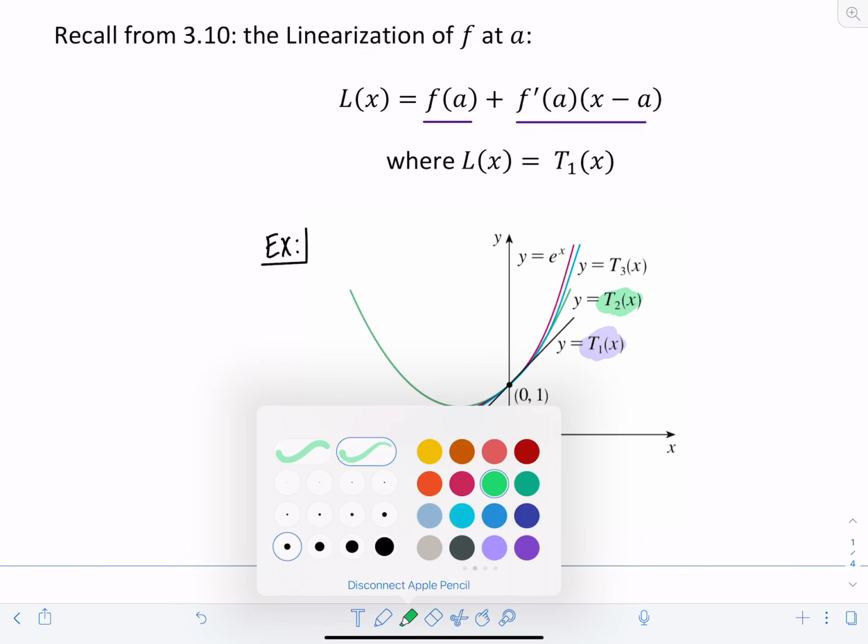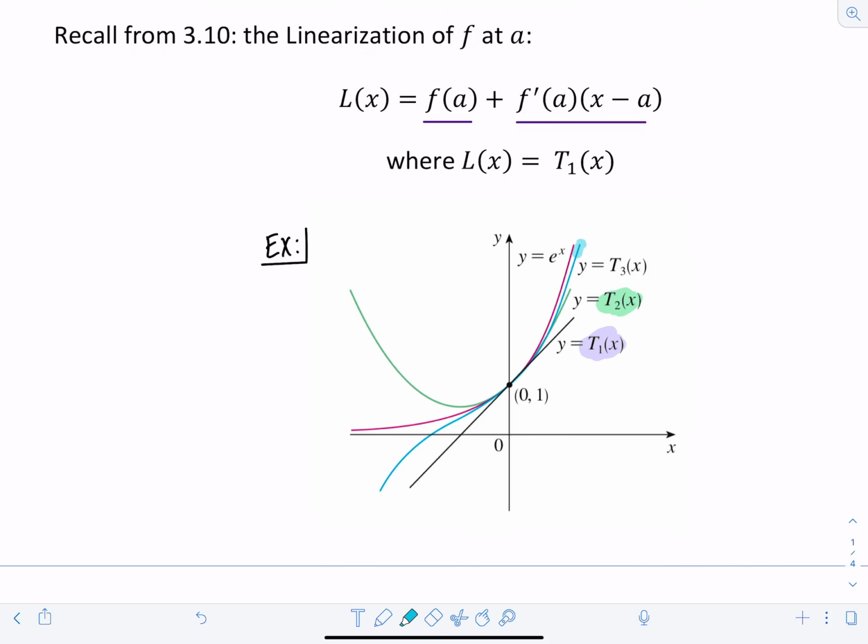That's the light blue cubic function, and it does an even better job of approximating. So the higher the degree, the less error, the better job it does in approximating your function. Later on, you can also estimate how much error there is or determine what degree you need for your polynomial to maintain it below a certain amount of error and so forth.